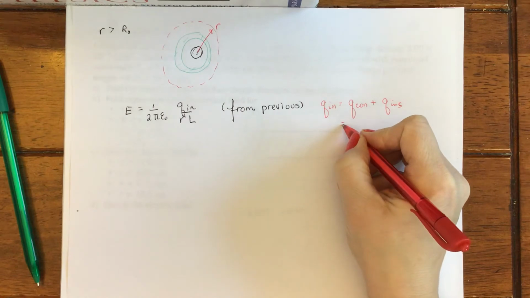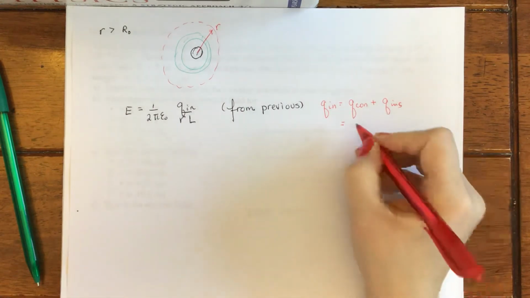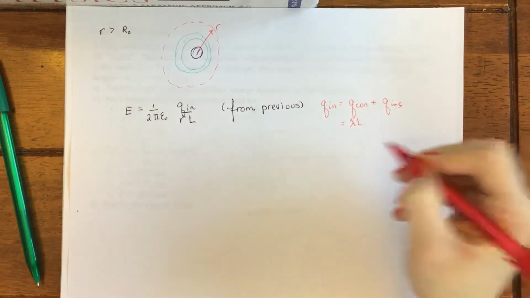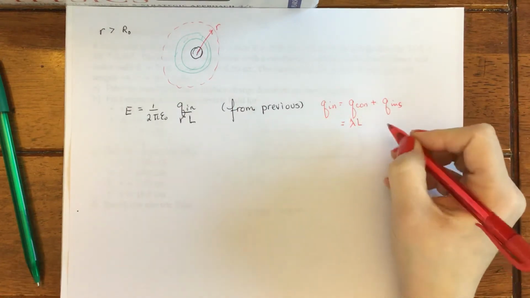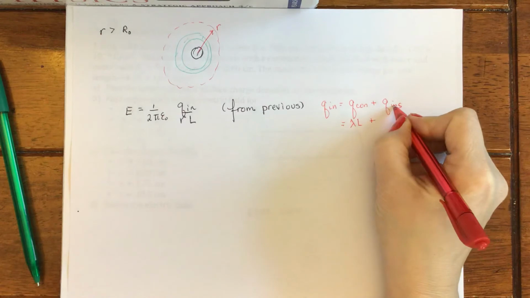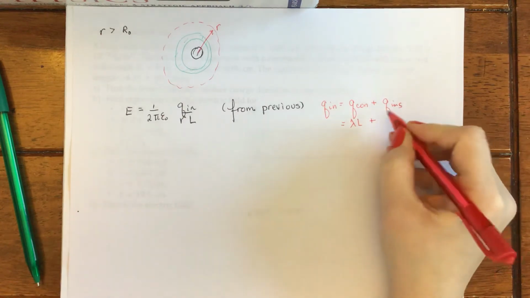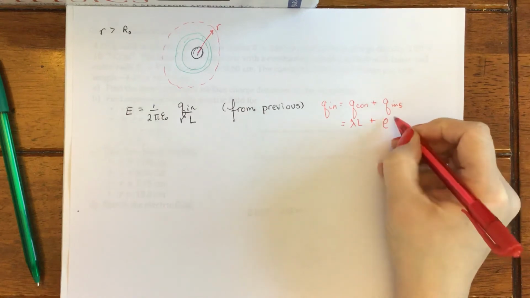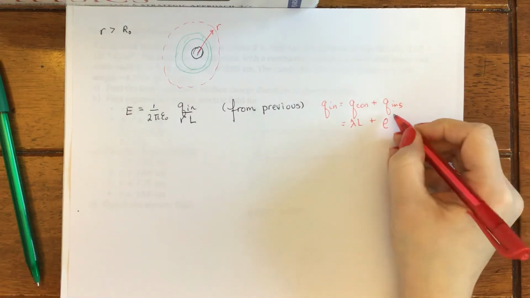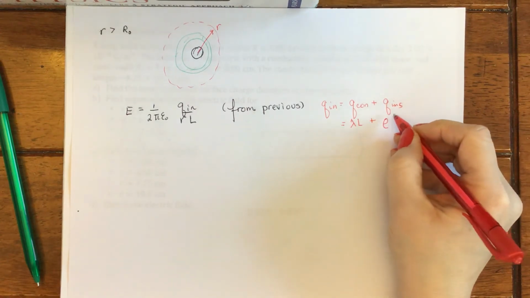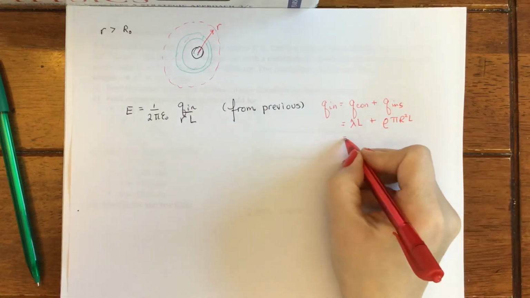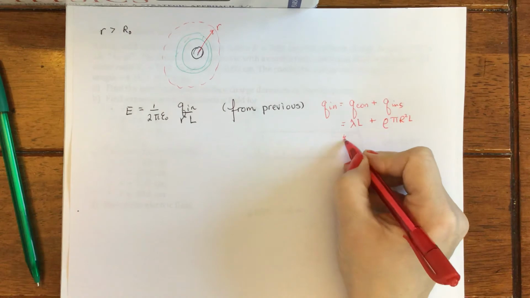To find the charge on the conductor, we know the charge density lambda. We multiply that by the length and we get the net charge on the conductor. So there's the charge on the conductor. The net charge on the insulator is, and we did this in the previous step, the charge density of the insulator times the volume of the insulator. So then this is our net charge inside our Gaussian surface.